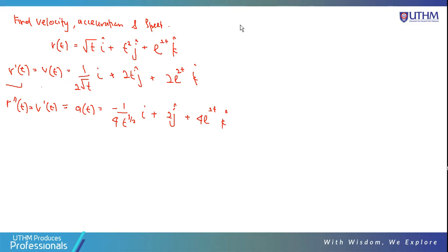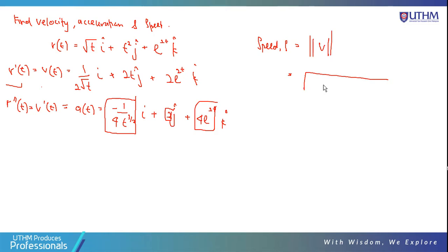So speed equals the magnitude of the velocity. You only bring the components, ijk, no more ijk.